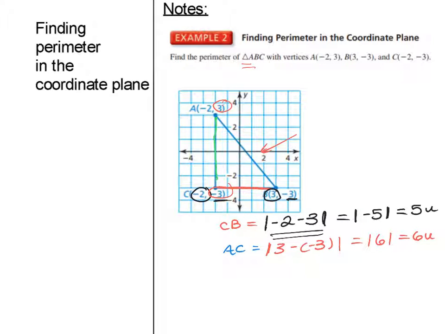So the length of AB, square root, I'm going to take the x's and I'm going to find the difference. So I have a -2 and I have a 3. -2 minus 3. Then I'm going to square it. And then to that I'm going to add the difference between the y's. So I have a 3 and a -3. So 3 minus -3. And then I'm going to square that.